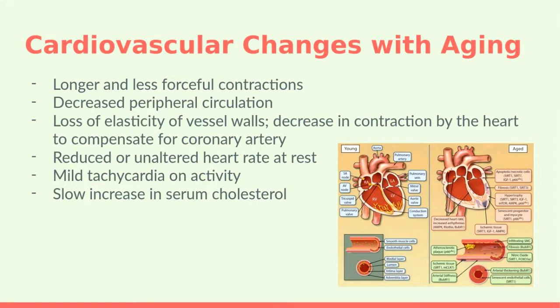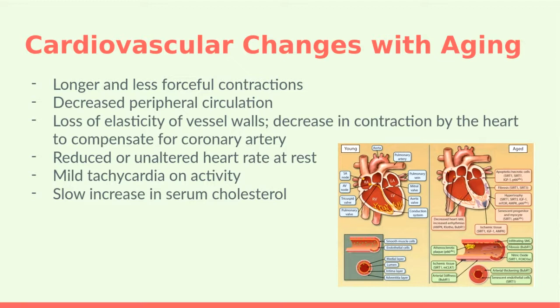I included a picture of some changes that happen to the heart as we age. In the picture, I'm not sure if you can tell, but the left is a normal heart, and to the right is a heart that ages.